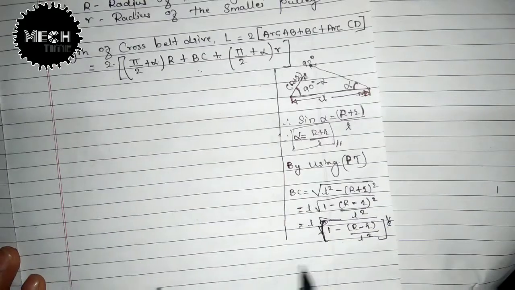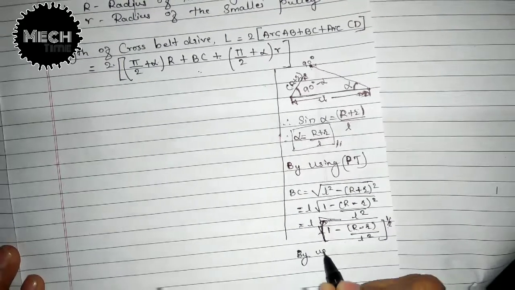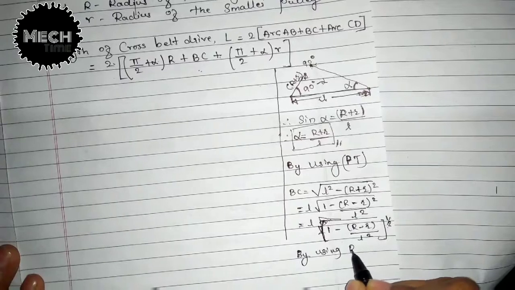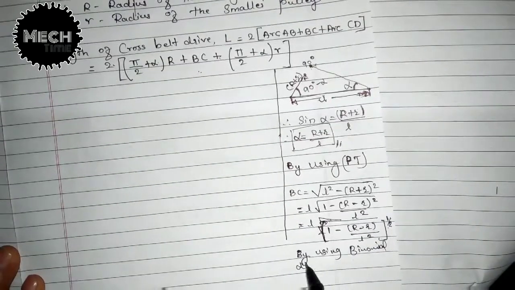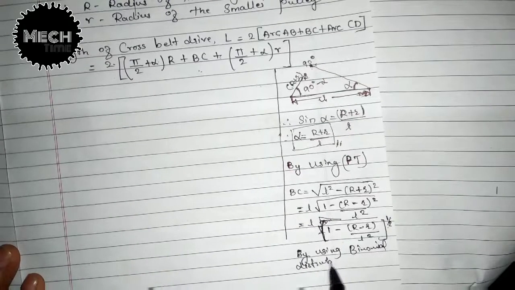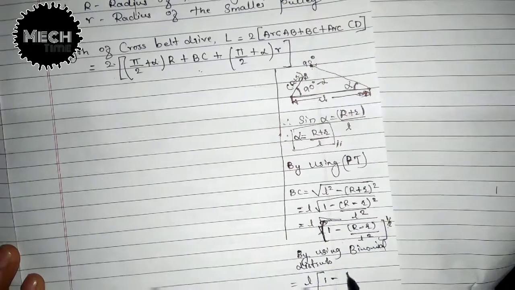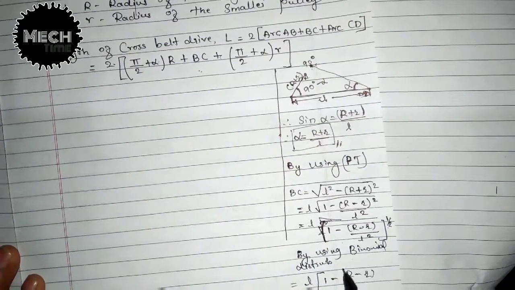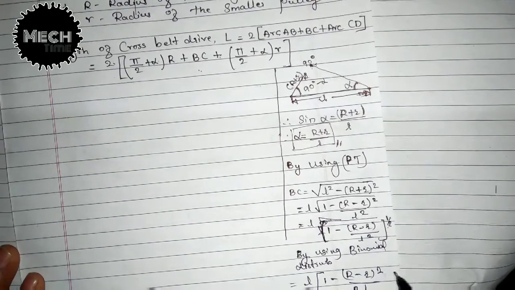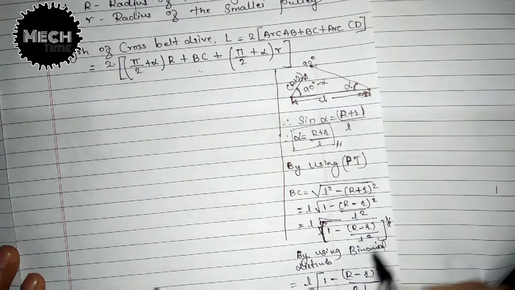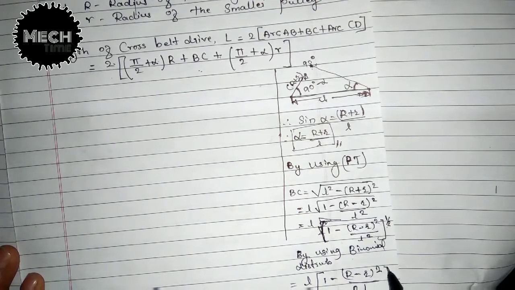Now by using the binomial distribution, it will be L times (1 minus (capital R plus small r) whole square divided by 2L square).